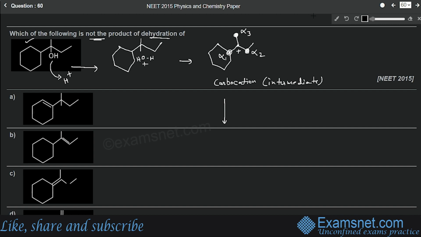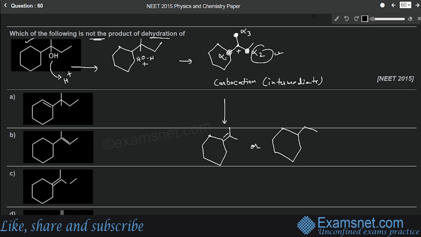Suppose alpha hydrogen number 1 is removed, then the product will be something like this. Here we will have a double bond at this position. Then if alpha hydrogen number 2, that means this one, is removed, then we will have double bond at a different location.